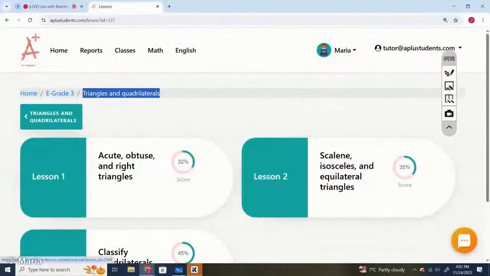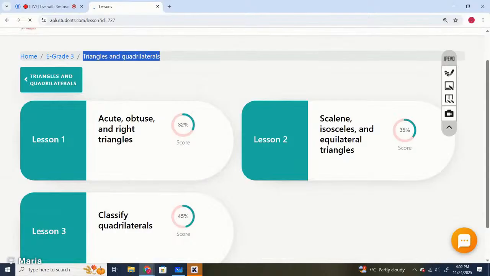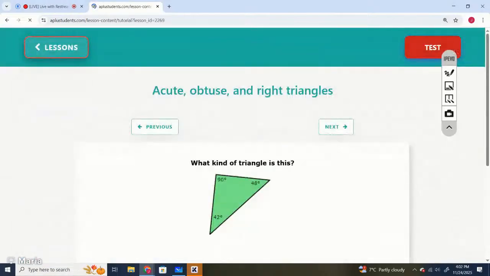Here I'm on grade 3 math. The chapter we're on right now is triangles and quadrilaterals. Let's just start with the first lesson, that is acute, obtuse and right triangles.